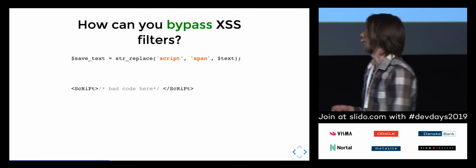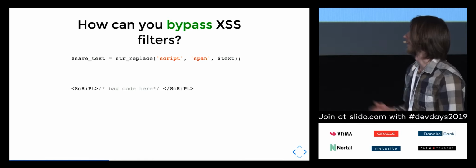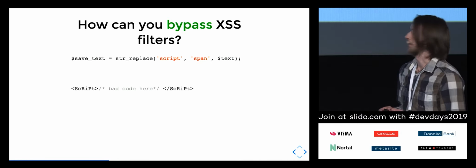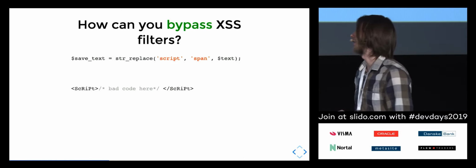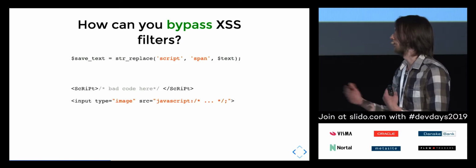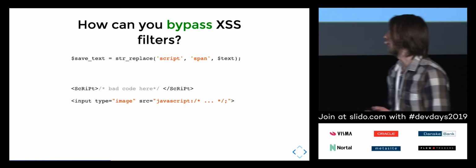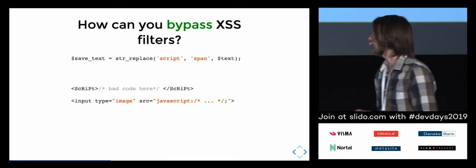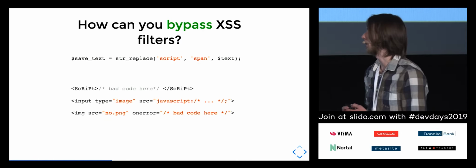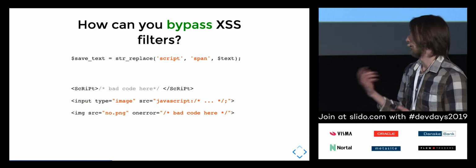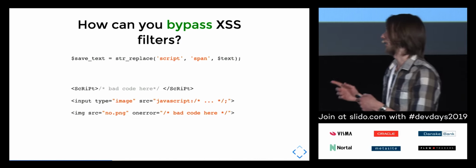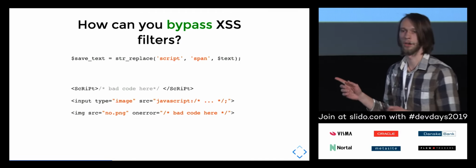You can just do this, because our string replace is case sensitive, and that's done. And there are so many things that you can do to bypass security filters, like running it in the source, or even more sophisticated, when you refer to an image that does not exist, you still can use the attribute and run JavaScript code from there.